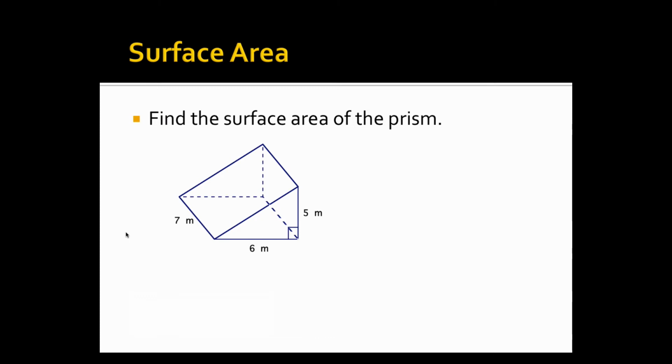Johnny, how many faces are we dealing with? Awesome, 5. How many of those 5 faces are bases? 2. And how many of them are lateral faces? 3. Well done. Carry on.